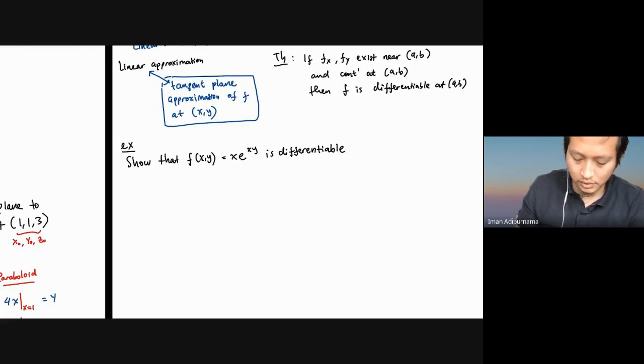Show the surface is differentiable at 1 and 0, and then find its linearization.